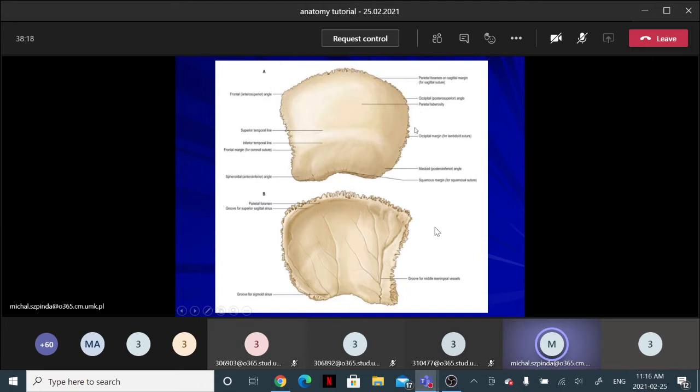The posterior border that articulates with the occipital bone, and the inferior border articulating with the temporal squama. Apart from this, because the parietal bone is quadrilateral, it has 4 angles.